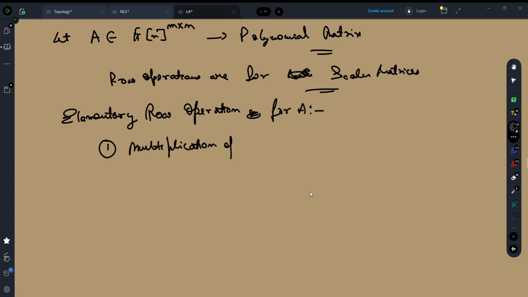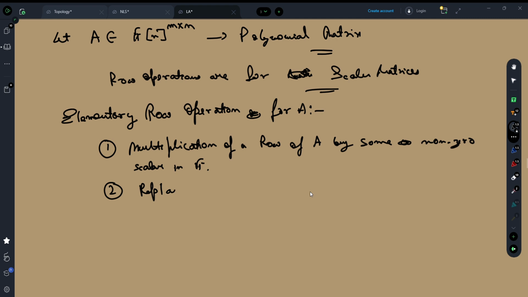Number one, multiplication of a row of A by some non-zero scalar in F. That is, all the constant polynomials over F[x].